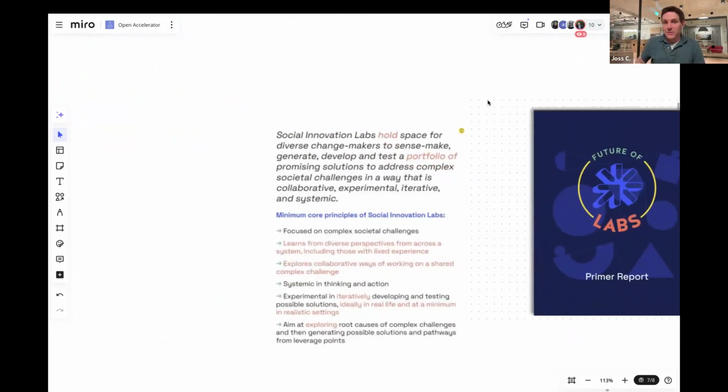So this is how they define social innovation labs. It's for holding a space for diverse change makers to sense, make, generate, develop, and test a portfolio of promising solutions to address complex societal challenges in a way that is collaborative, experimental, iterative, and systemic.